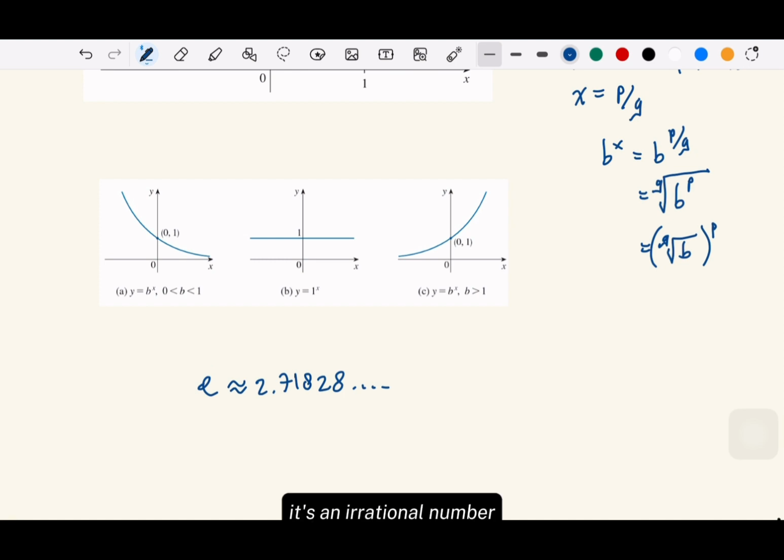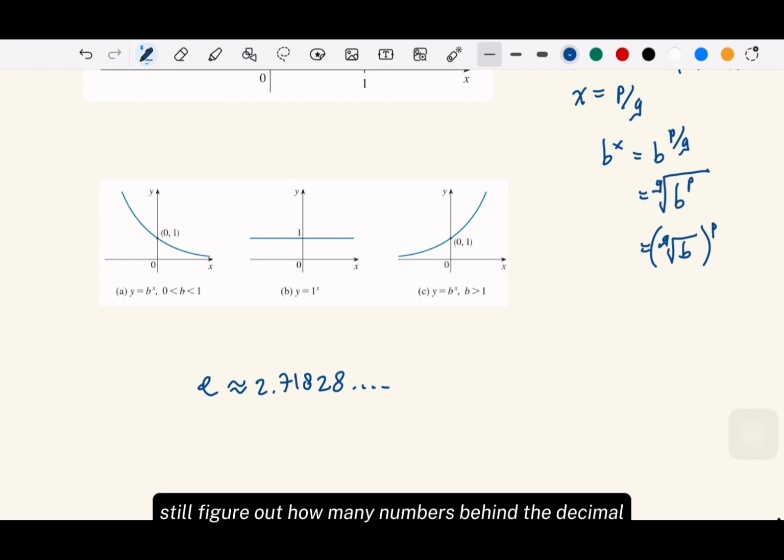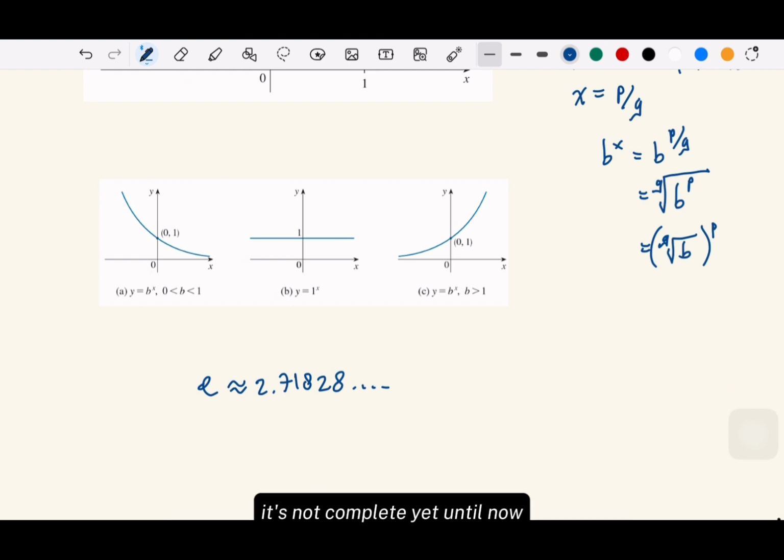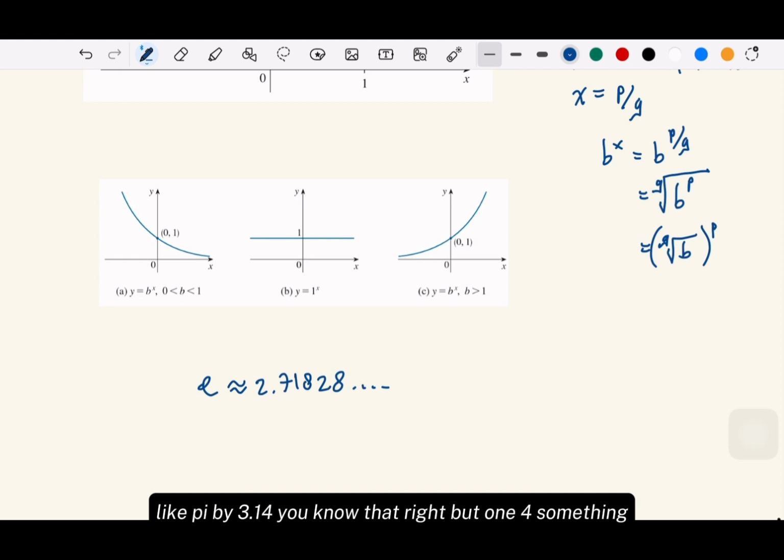It's an irrational number, and up until now, I think some mathematicians or scientists are still figuring out how many numbers behind the decimal. It's not complete yet. Like pi, like 3.14, you know that, right? But after 14 it's really long.